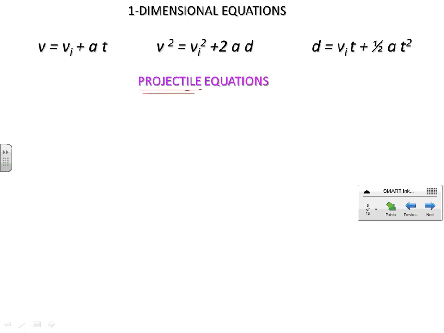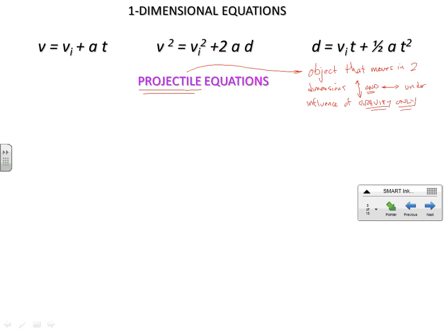A projectile is an object that moves in 2 dimensions. And what I mean is up and down and side to side. And I'll say under the influence of gravity only.